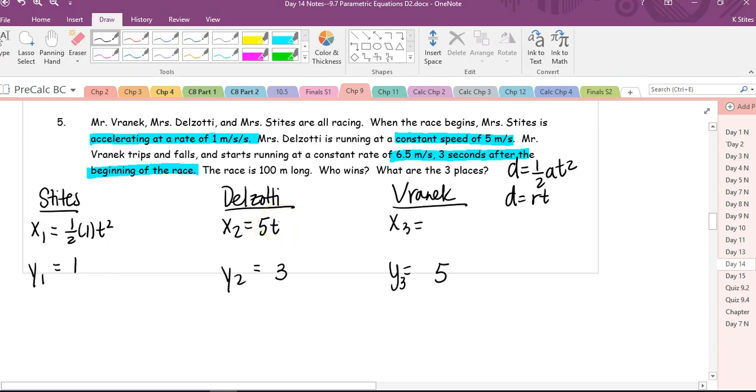Notice she didn't fall or anything like that. And so she's still a t. It is Vranick who trips and falls and starts 3 seconds after. So he's been traveling for 3 seconds less. He's still a constant rate, so rate times time, but he's a t minus 3.